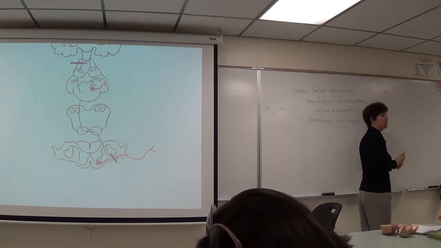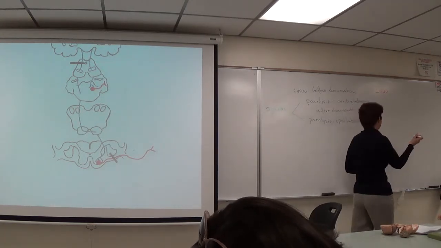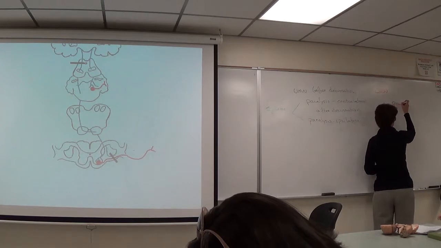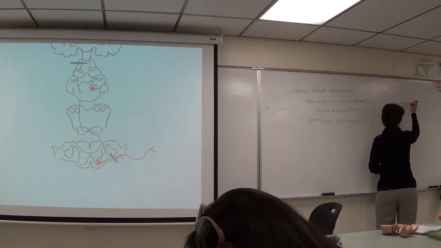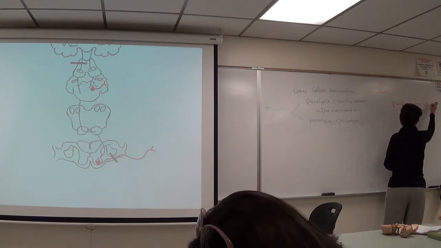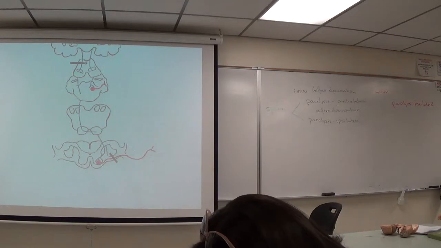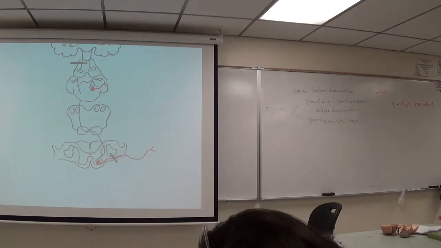No. So I don't have to worry about before or after decussation. It's always going to be ipsilateral paralysis. I'm always going to have paralysis from those muscle cells innervated by those motor neurons.